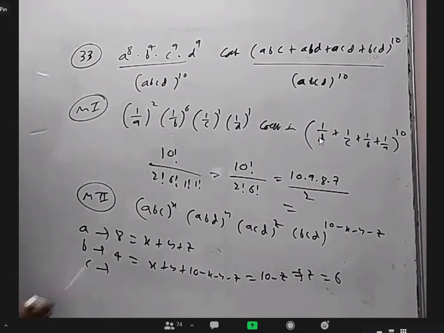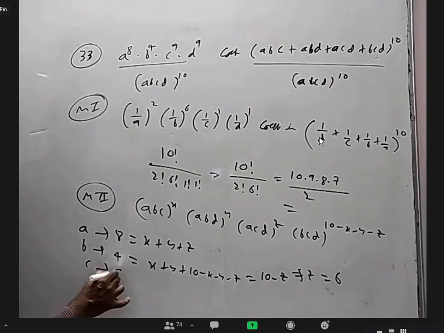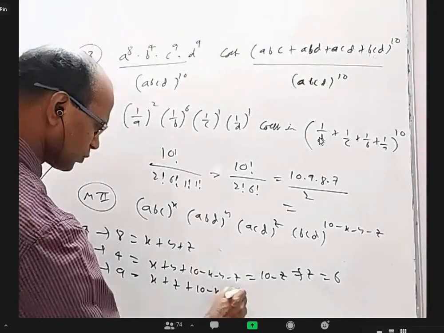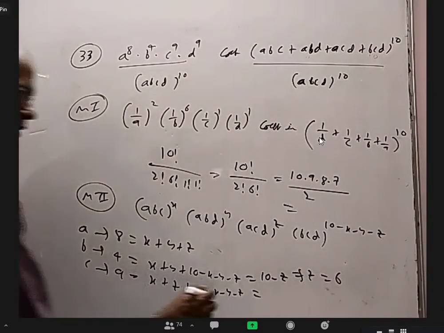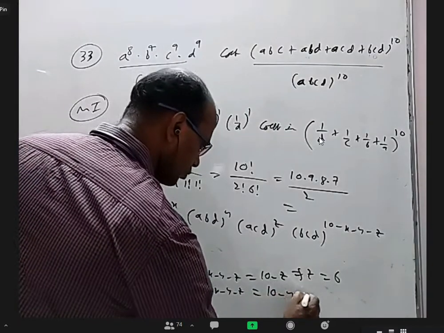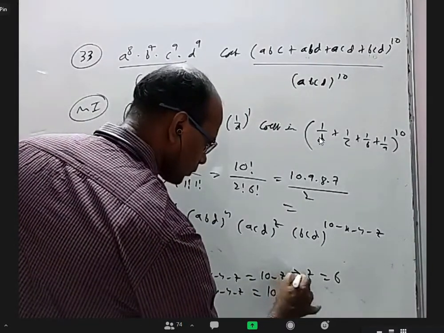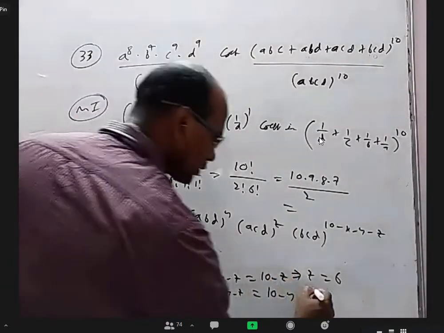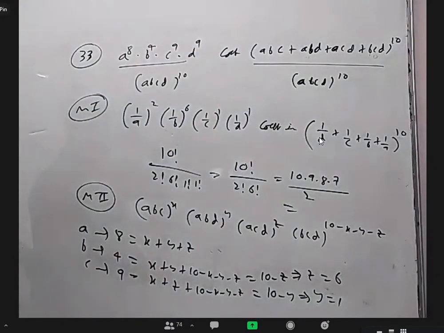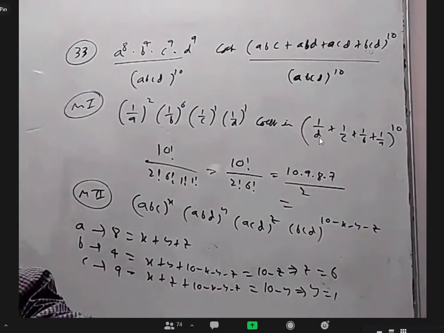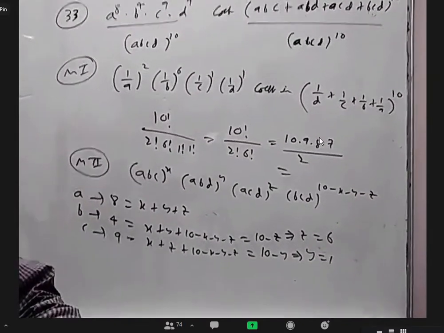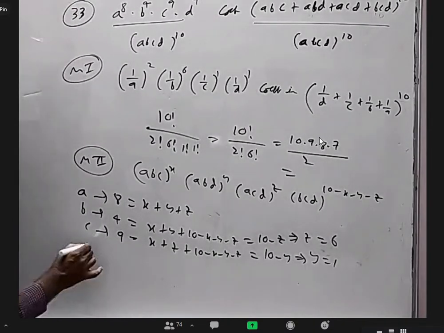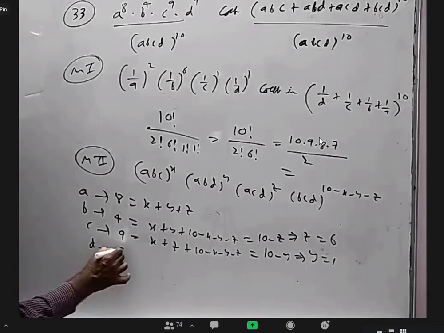Similarly, if I take C, the power of C will be 9. Here power of C is x plus z plus 10 minus x minus y minus z. X and z will cancel, we'll get 10 minus y. So 9 that side, y this side, we get y is equal to 1. And if I take D, the power of D is 9.